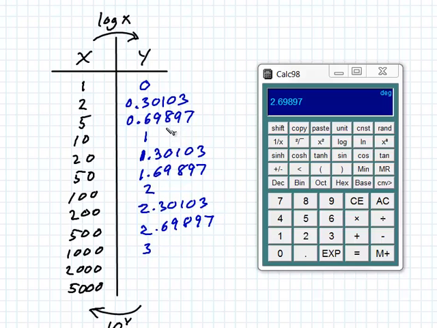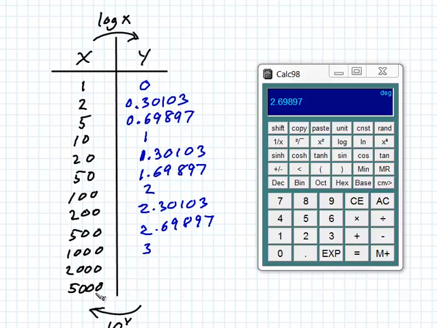Okay, so all of these, 5, 50, and 500, end with the decimal part, which is 0.69897, 0.69897, 0.69897, except the whole number part out front is either 0, 1, or 2. Okay, based on that, I think you can predict what these are going to be.